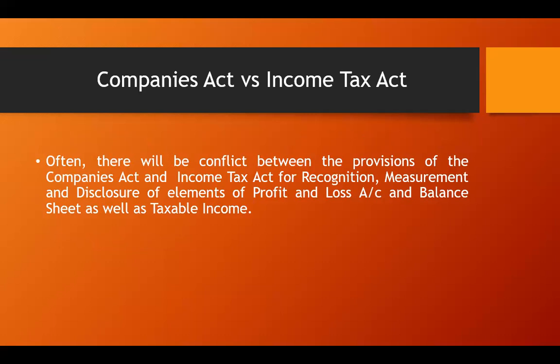Recognition means we show some expenses on the debit side and some incomes on the credit side of the profit and loss account. Only when we receive the income or have a right to receive the income, we show it as income. Only when we incur the expenditure or there is an obligation to pay money for services we received, we show it on the debit side of the profit and loss account as outstanding expenses. And next we go for measurement.